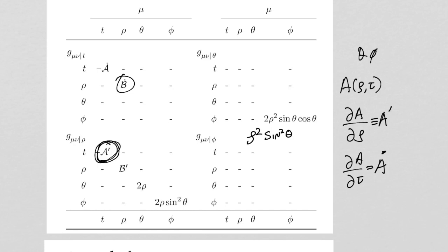So g phi phi equals that. So the derivative of this with respect to theta is simply 2 rho squared sine theta cosine theta, right? That's what this table is telling us.